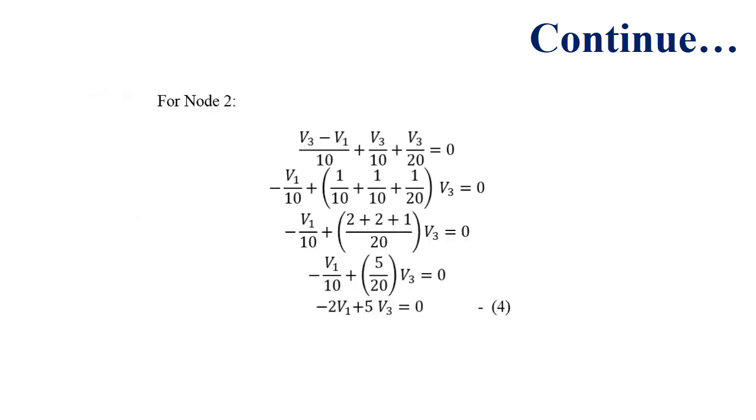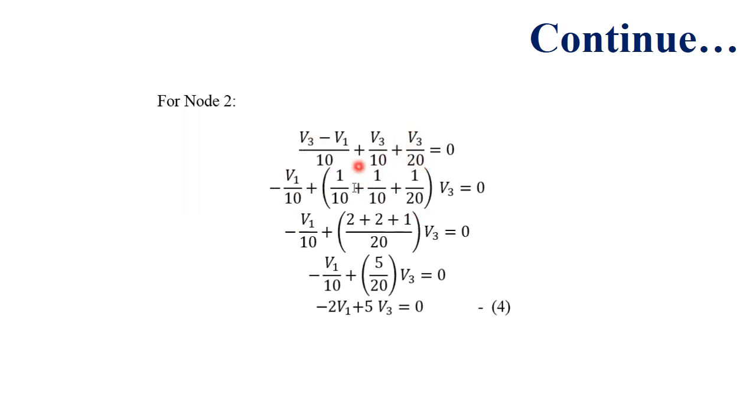If we simplify equation number 2, the node 3 equation, we have to combine the coefficients of V1 and of V3. So negative V1 divided by 10, then the coefficients across V3: 1 divided by 10 plus 1 divided by 20.